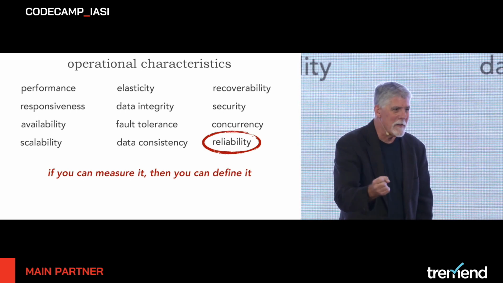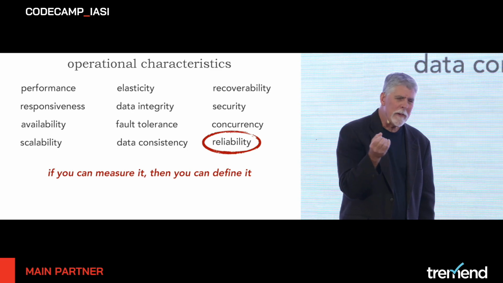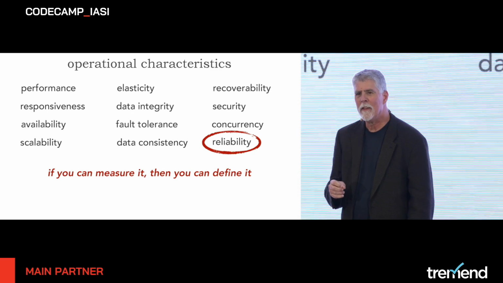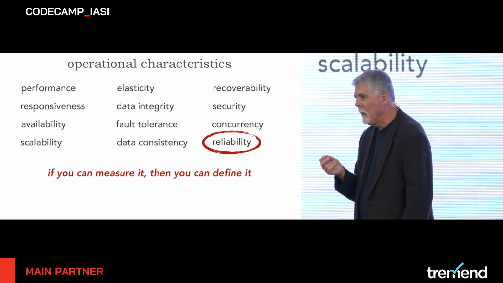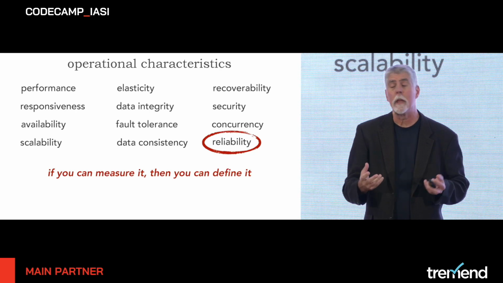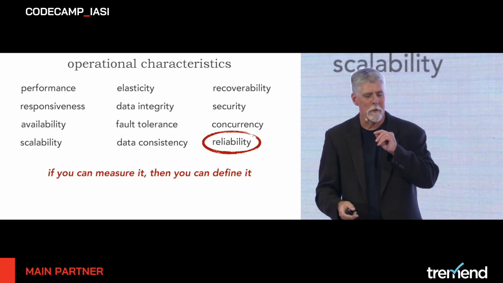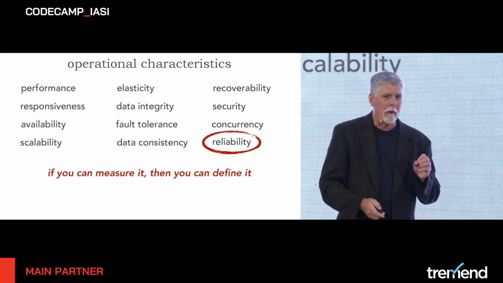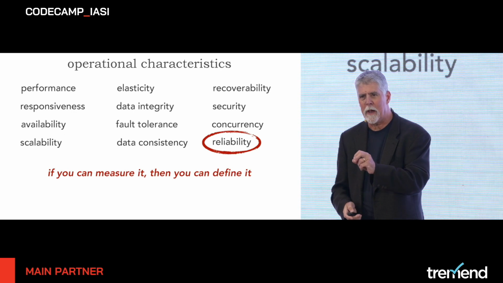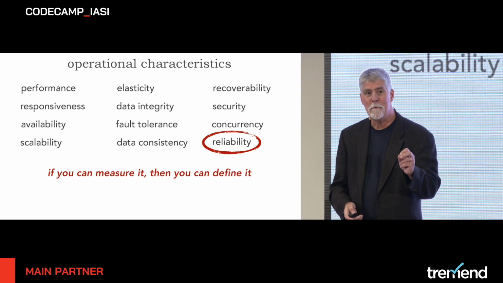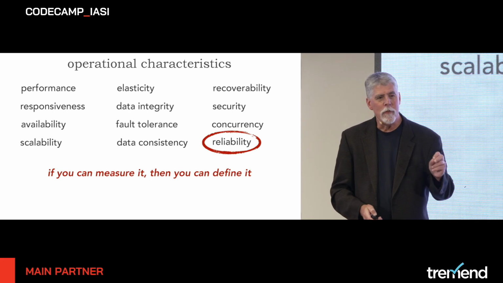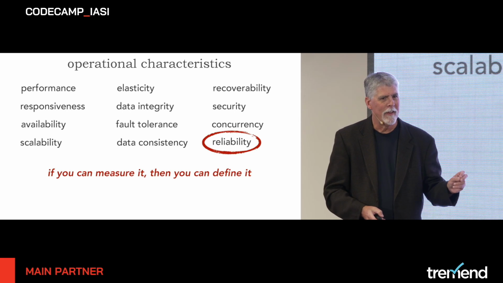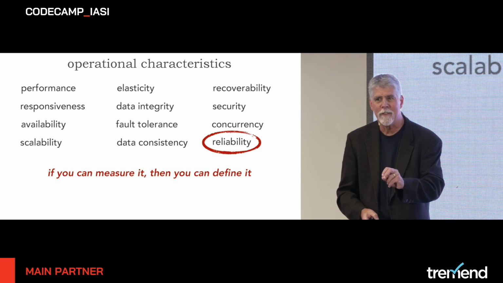I know what reliability is, but I'm having trouble defining it. Well, it turns out that reliability is actually what's called a composite characteristic. So here is the magic, everybody. Are you ready? If you can measure it, then you can define it.